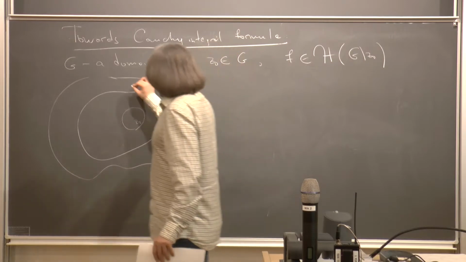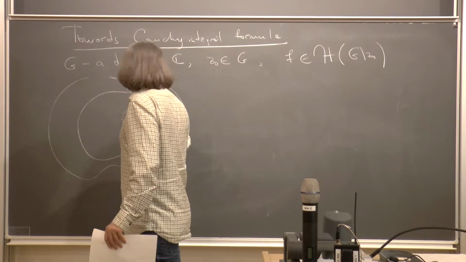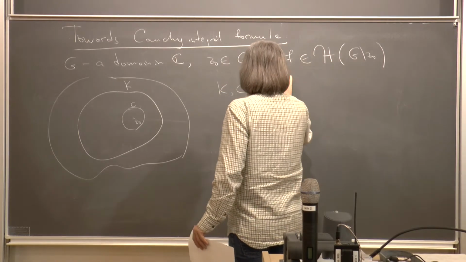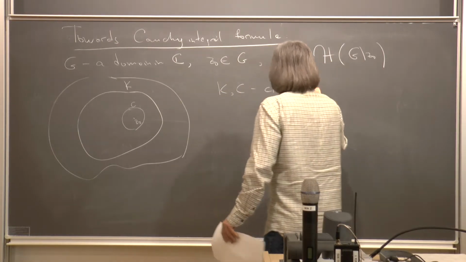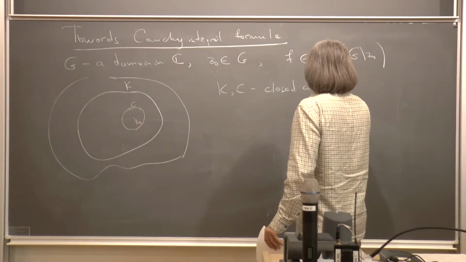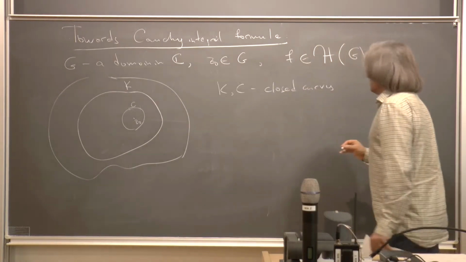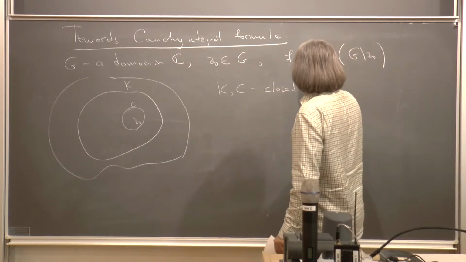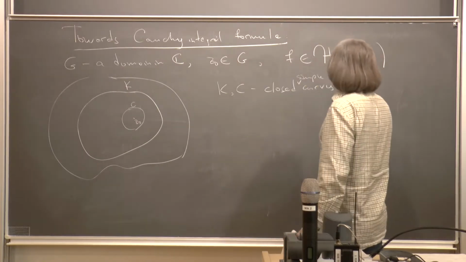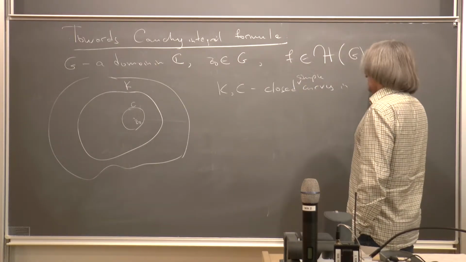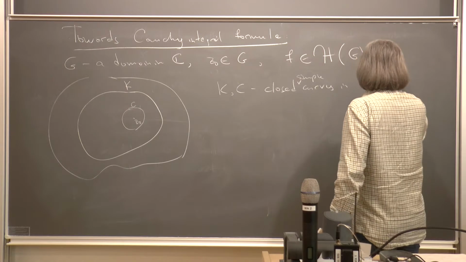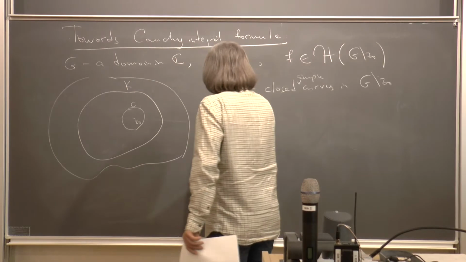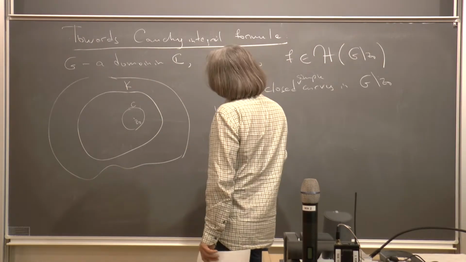Call them K and C. So K and C are closed curves, closed simple curves. I don't want them to self-intersect. In G without Z0, which are close, and I'll explain what it means for them to be close.